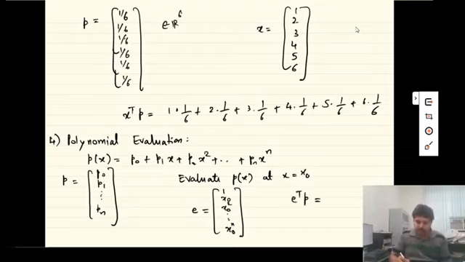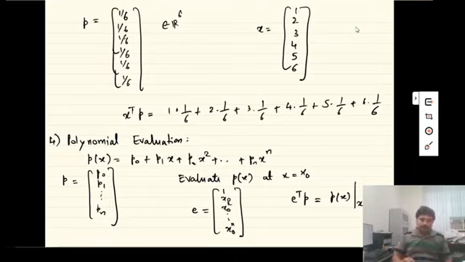E transpose P is P0 plus P1 x0 plus P2 x0 square plus up to Pn x0 to the power n, which is nothing but this polynomial P(x) evaluated at x is equal to x0, right? So inner product is polynomial evaluation. This is something that is really very useful in polynomial regression problems. So these are a few examples of applications of inner product.